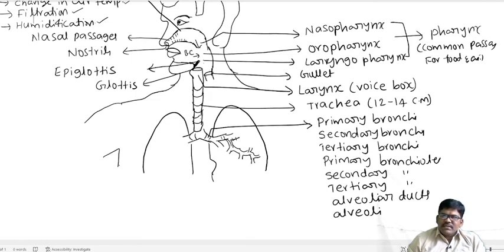These sac-like structures are called alveoli. These are the alveoli. Alveoli are surrounded by blood capillaries, hence exchange of gases occurs at alveoli.